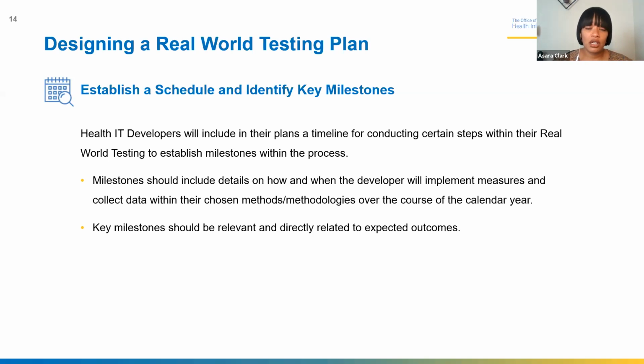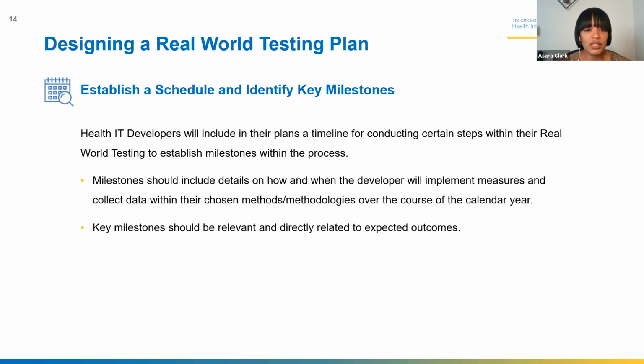You're demonstrating ongoing functionality of interoperability and data exchange. So you want to think about the fact that over the course of the year, you're going to be planning certain activities where you're collecting data, where you're going to report back out on how you successfully real world tested and demonstrated that the functionality still exists, okay?